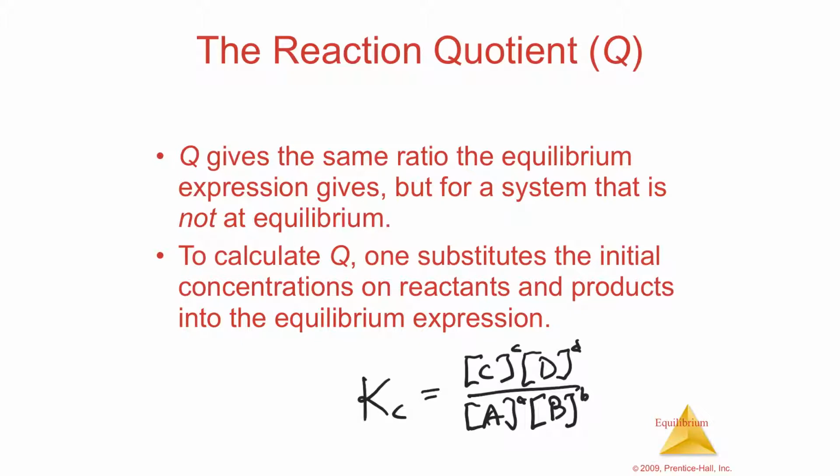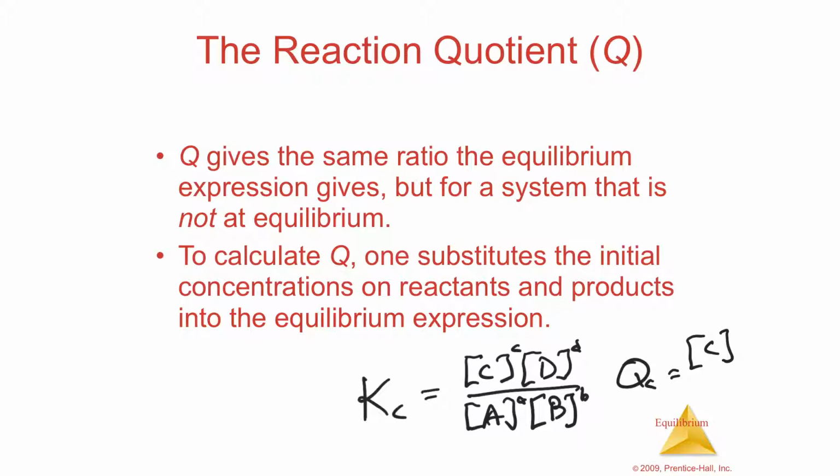You can use those readings to tell yourself, am I there yet? Am I at equilibrium? We're going to use the same equation, only we're going to call it Q. Q is the reaction quotient, and we're going to treat it exactly like K sub C, so it's going to have exactly the same setup.